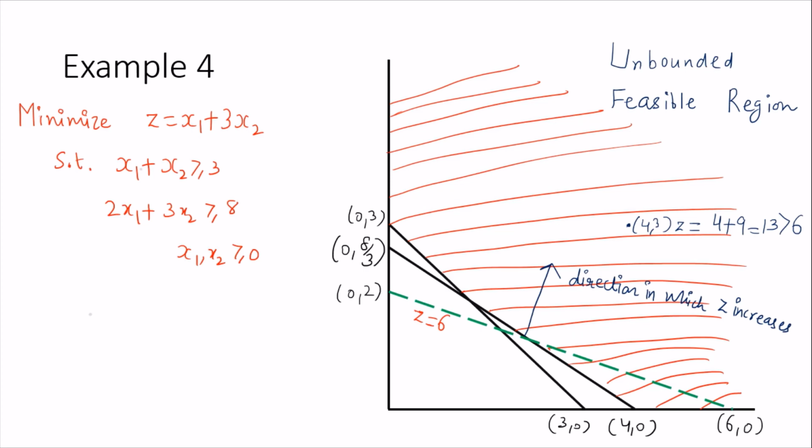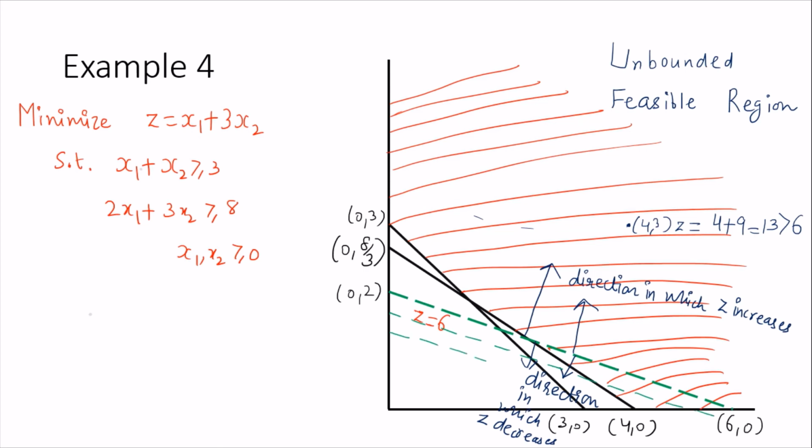decreases. See, we just figured out that this is the direction of z increases. So obviously this is going to be the direction of z decreases. So I have to move that line parallel to itself in which z is going to decrease because I have to minimize.